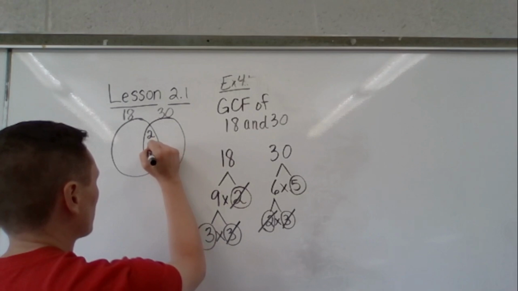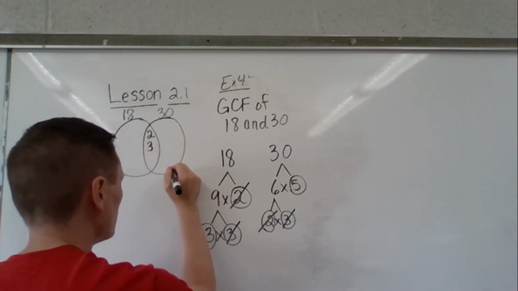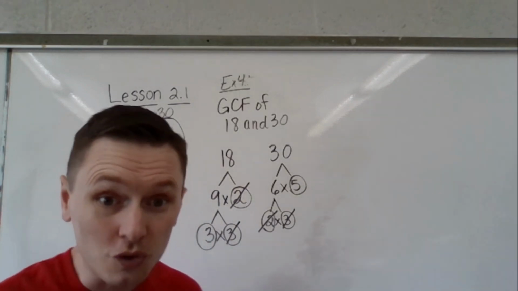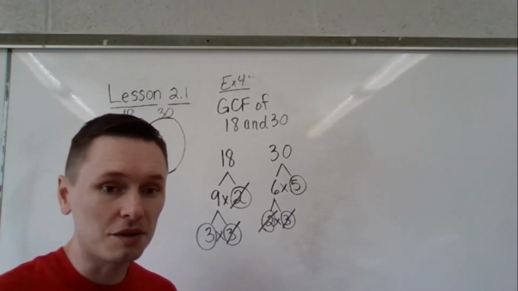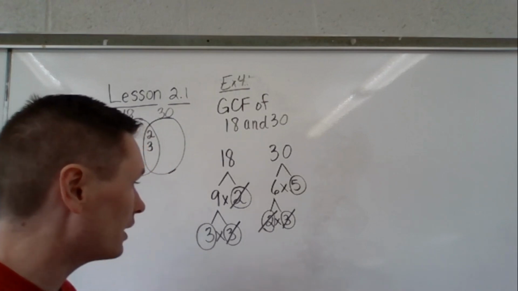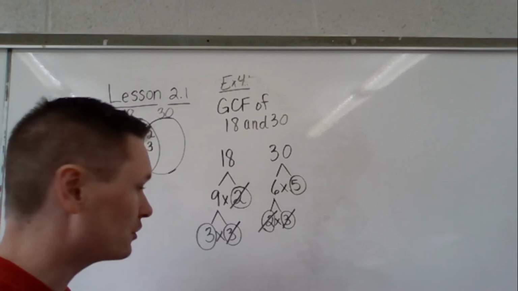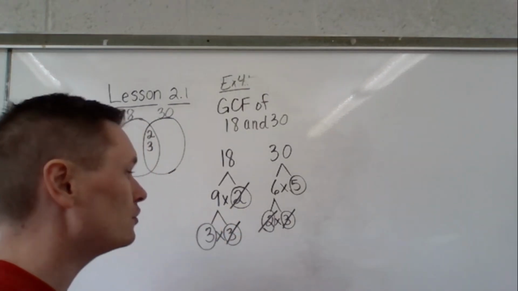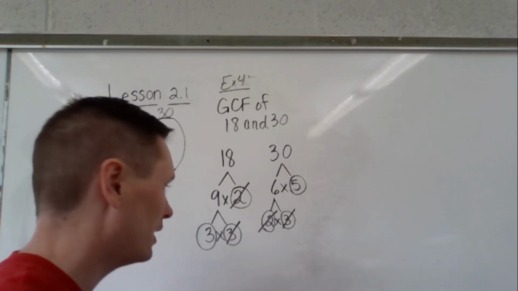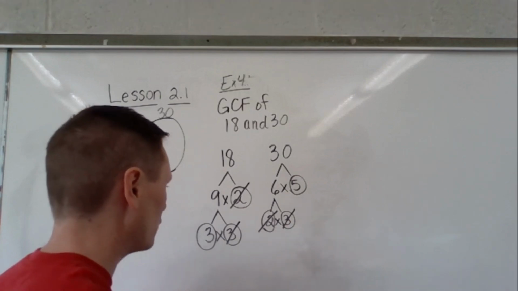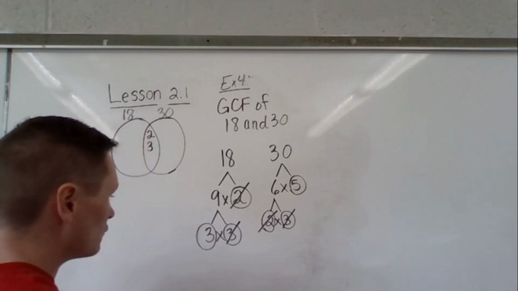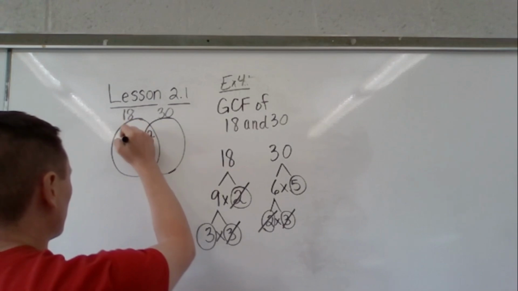Now remember, you're only writing the number once. You're not putting two 2's or two 3's in the middle, because it's a pair. It's what they have in common. So they have one 2 in common and one 3 in common. Now I see another 3, but I don't see another 3 on this side. So that tells me that I do not have 3's in common.